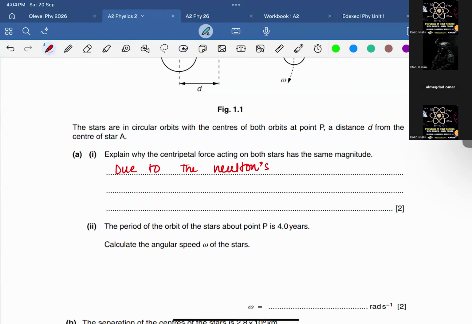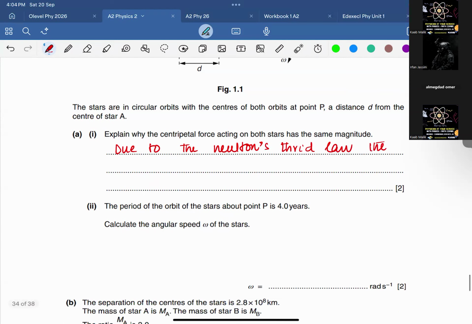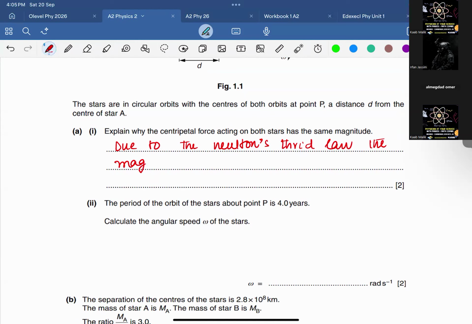Newton's third law, the magnitude of the forces should be equal and opposite, equal in magnitude and opposite in direction. Okay, please move on.